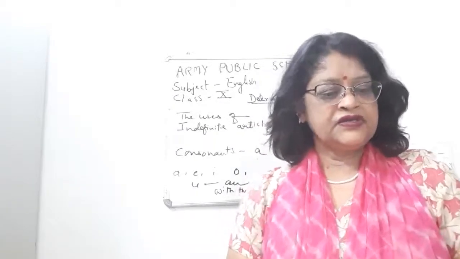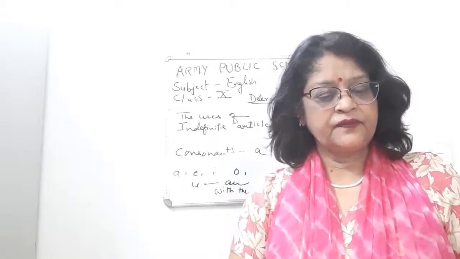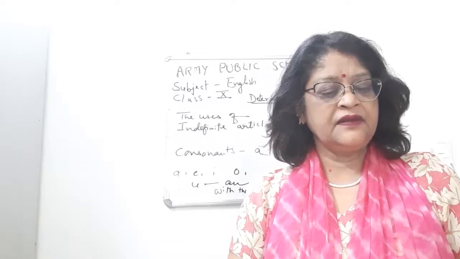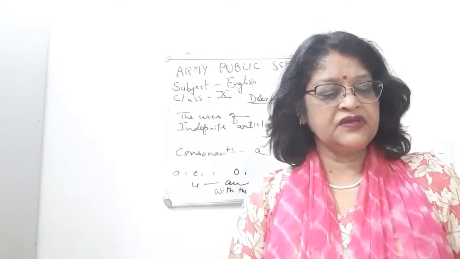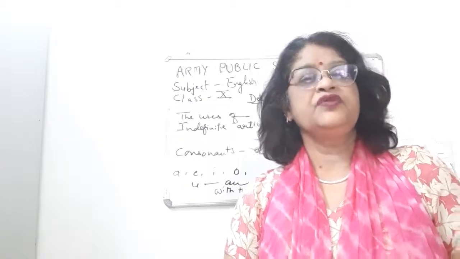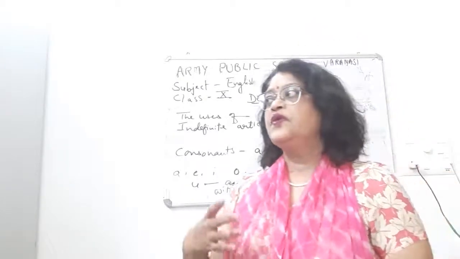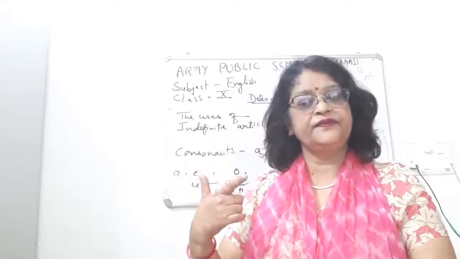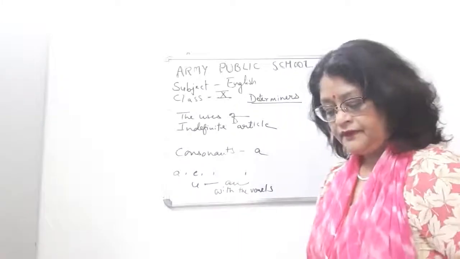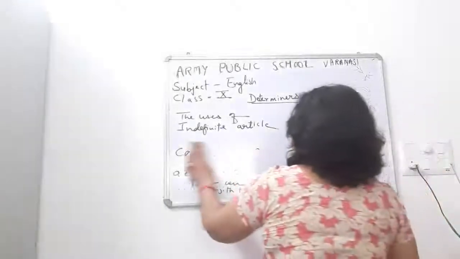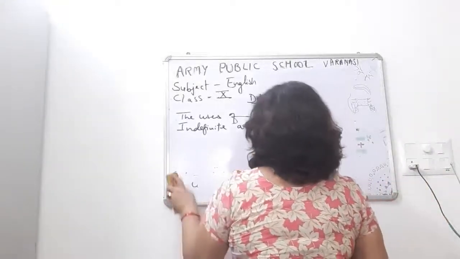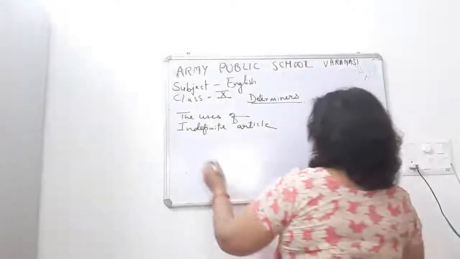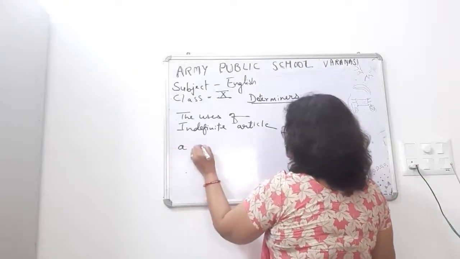The article a is used before a word which begins with a consonant sound. Now you have to understand, a word may start with a vowel letter but have the sound of a consonant. For example, a European.